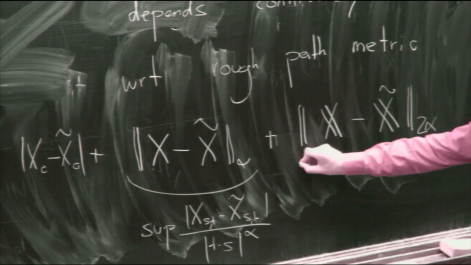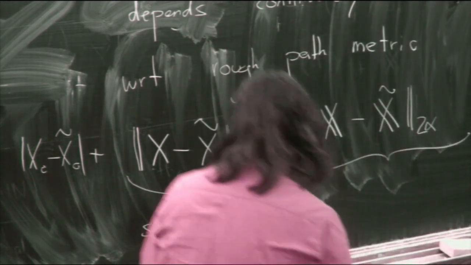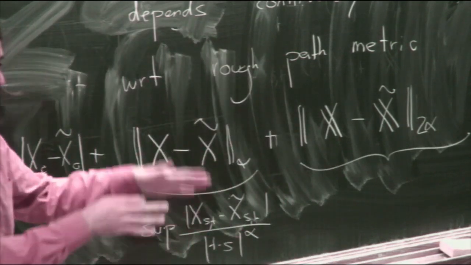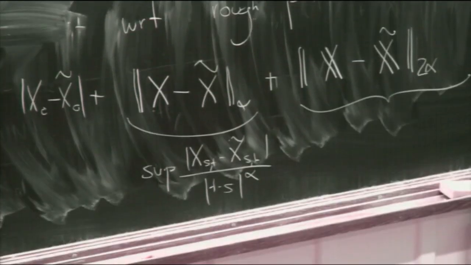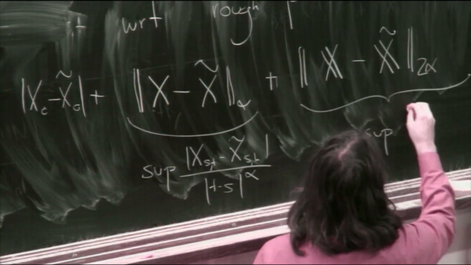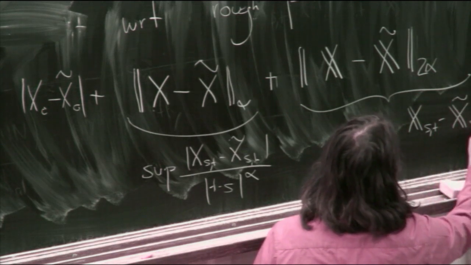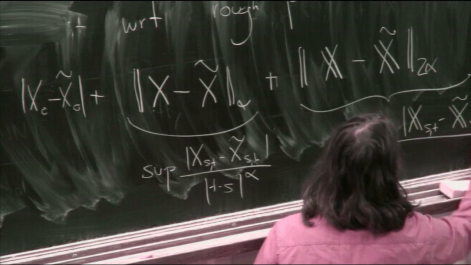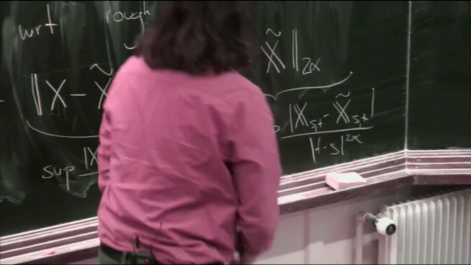This one is more interesting, but again, the sup, of course, runs over all s,t in your time horizon 0 to capital T. And here it looks pretty much the same, but now with 2 alpha. Okay?